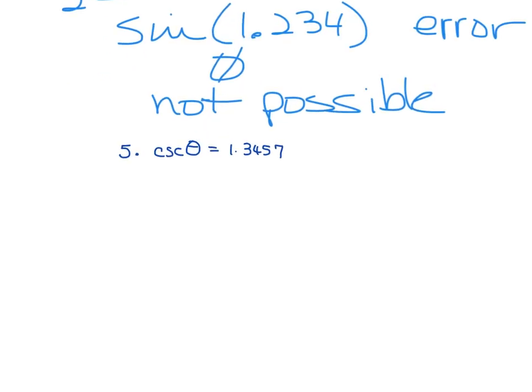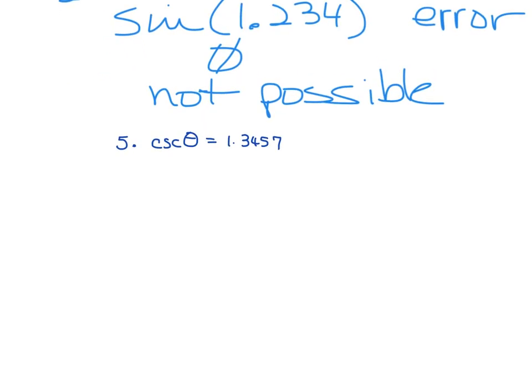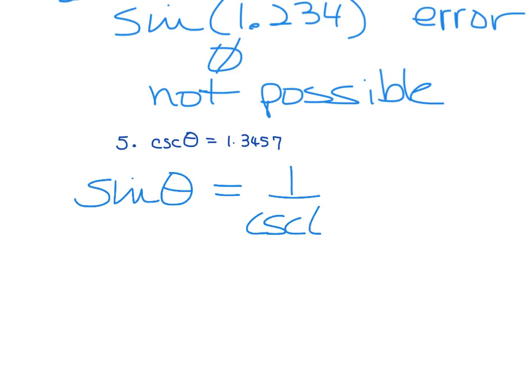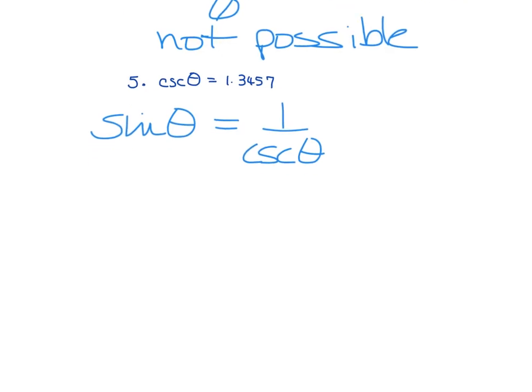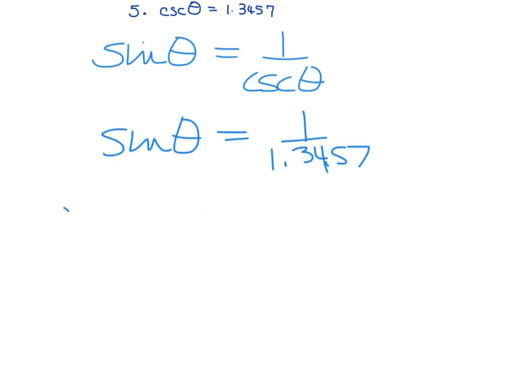Let's try another one. Cosecant. Again, this is a reciprocal of sine. So sine of theta is 1 over cosecant theta. So when I put this in my calculator, I'm going to divide it. If I know that sine of theta is equal to 1 over 1.3457, when I go to key in my calculator, again, the second key, so we can get sine to the negative 1 up there.